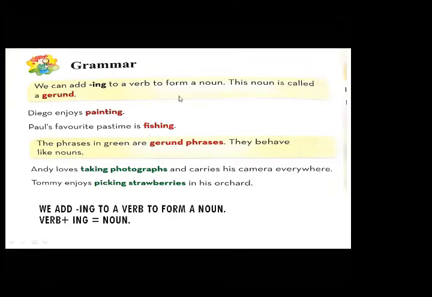I am repeating my lecture again. By adding ing with the verb, we can form a noun. This is called a gerund.